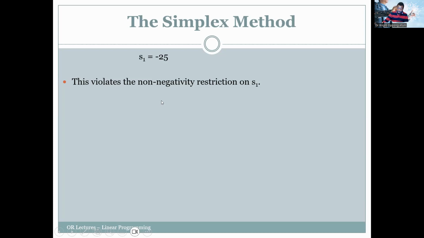Since it will violate the non-negativity constraint, we'll resolve this by multiplying the constraint through by -1, so that we turn the inequality sign.